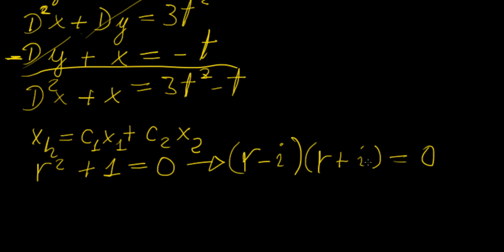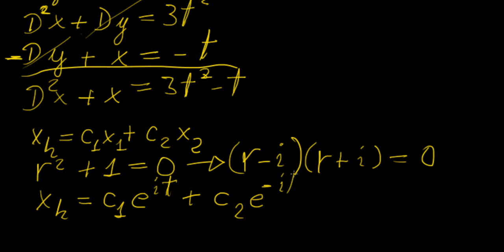So because the roots are both complex, we are going to have a solution of the following form. We're going to have c1 e to the power of it plus c2 e to the power of minus it. And in previous videos I mentioned why when we have complex roots in the characteristic equation, we can write the solution in this form using complex exponentials, or we can write it using cosine and sine functions.